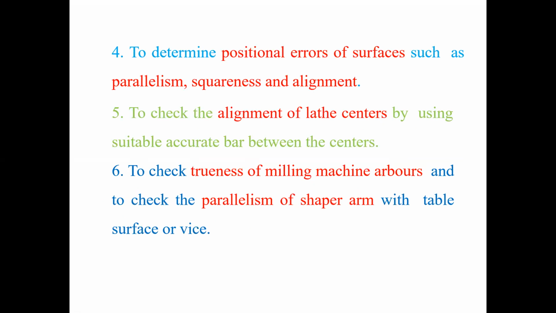They are also used for checking alignment of lathe centers, determining trueness of milling machine arbors, and checking parallelism of the shaper arm. That is the reason why dial indicators play a very important role in the complete machine shop.